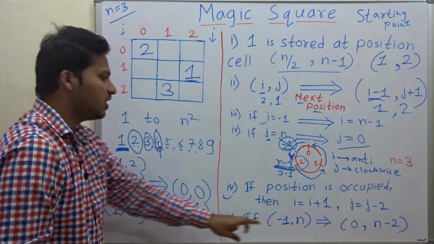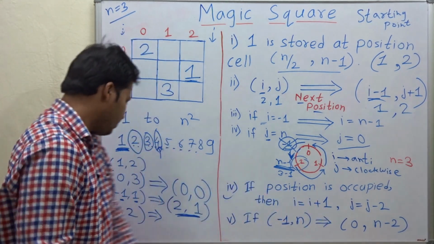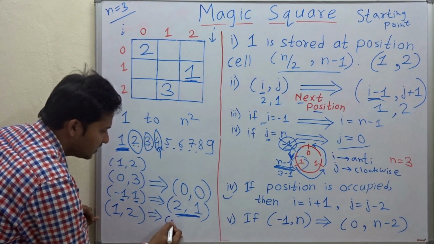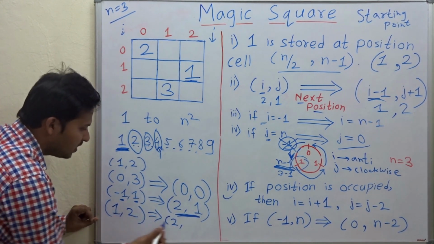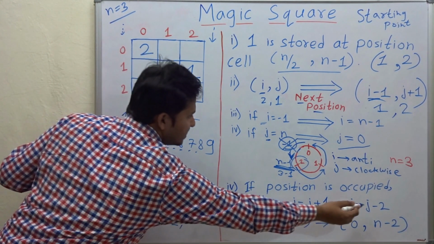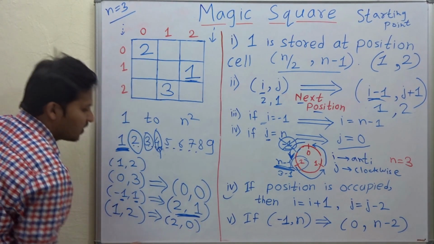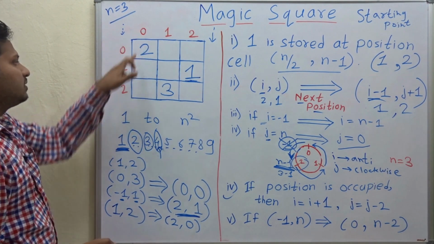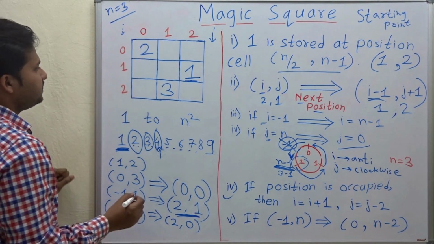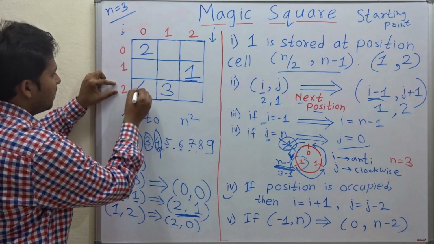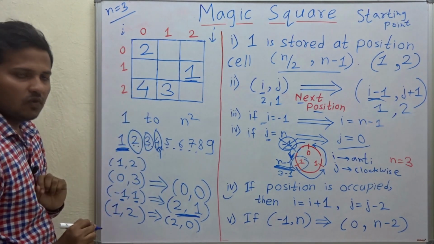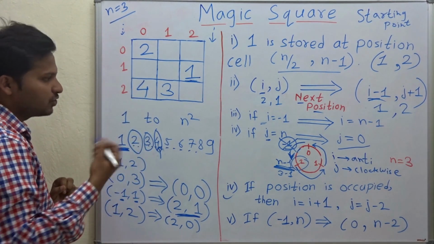So i is equal to i plus 1, meaning 1 plus 1 is 2, and j is equal to j minus 2, meaning 2 minus 2 is 0. So 2, 0 is the next position. So you have to keep 4 at this position. Right.